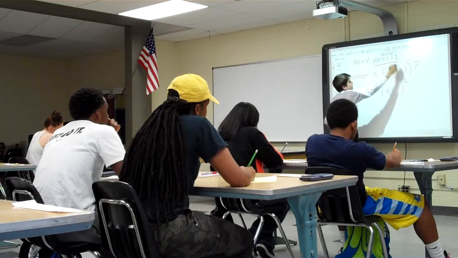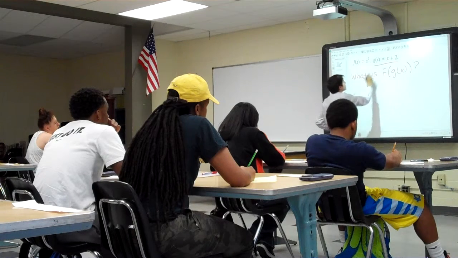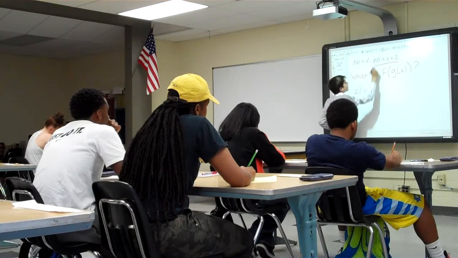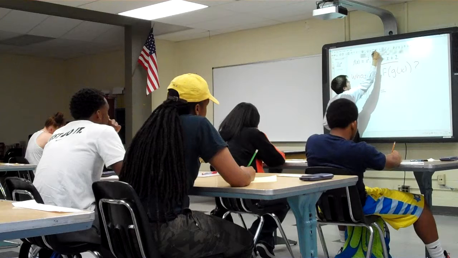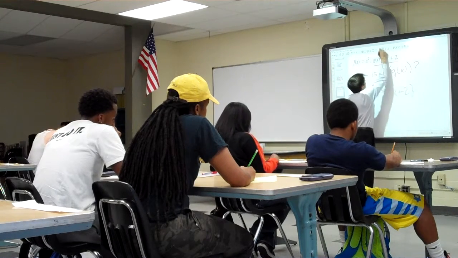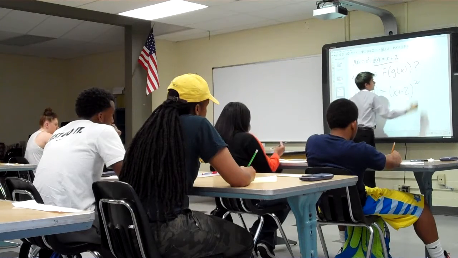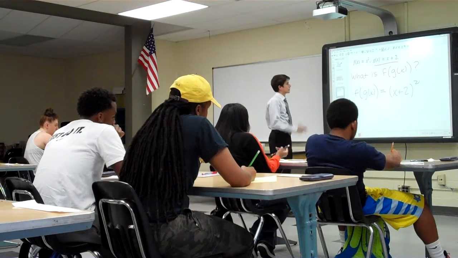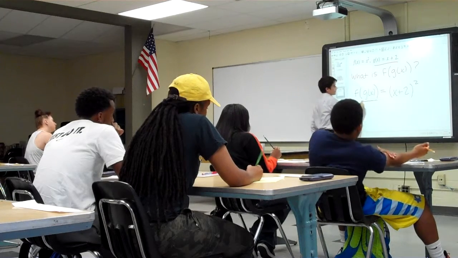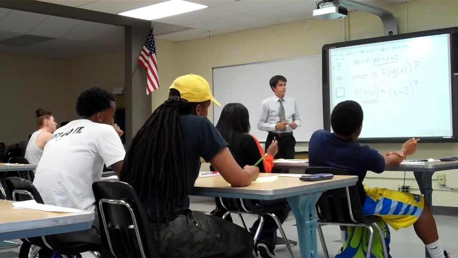Let me color code it. It's going to be the same thing, so you don't have to erase anything, but I think this will make it even clearer. So our input is what, Dietrich?